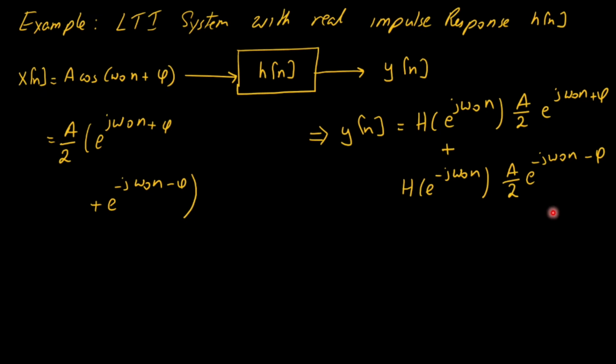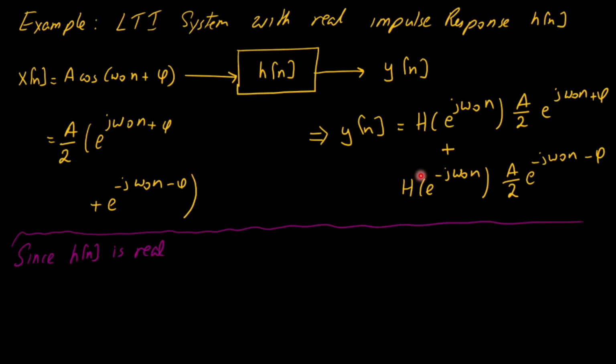Note that this is the output, but we need to simplify it further and we need to achieve a trigonometric form of the output. And for that we can take this out and we can say, since h of n is real, that is the impulse response is real, so hence this H of e to the power minus j omega naught is simply the summation, that is the Fourier transform definition, a summation n minus infinity to infinity h of n e to the power j omega naught n.